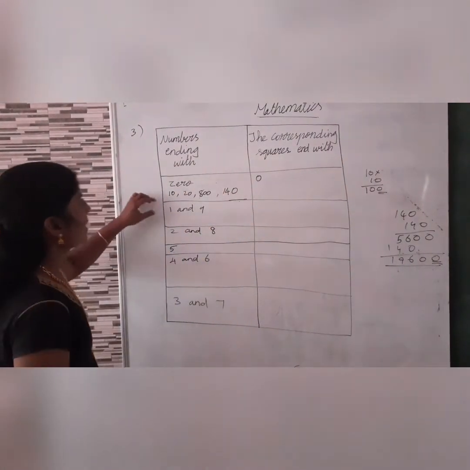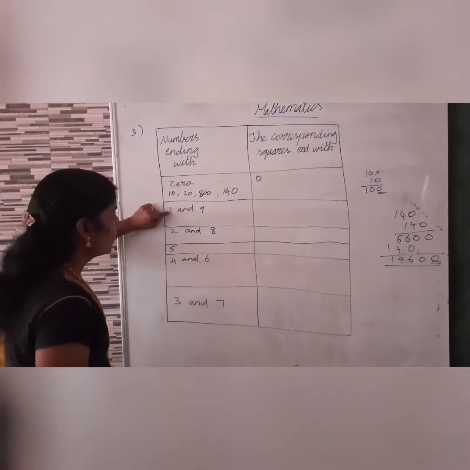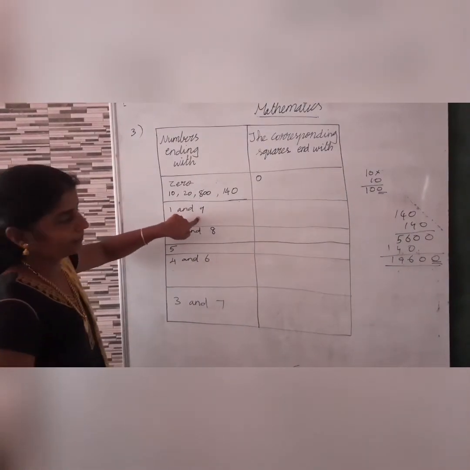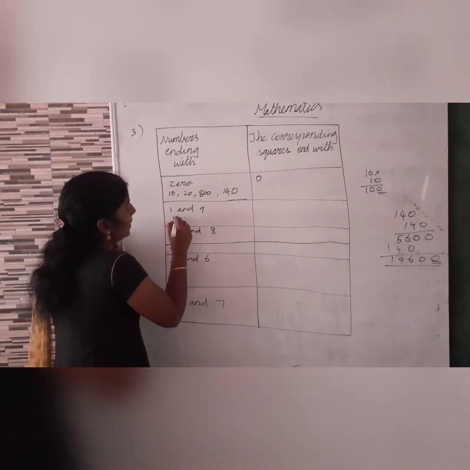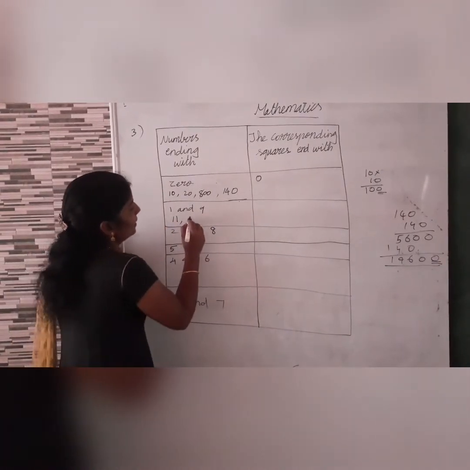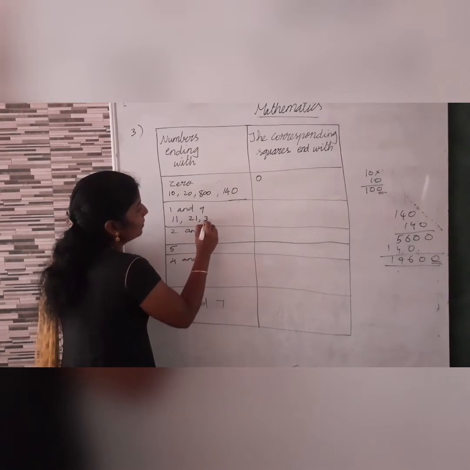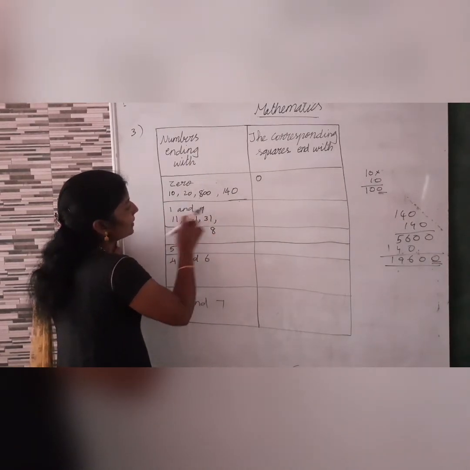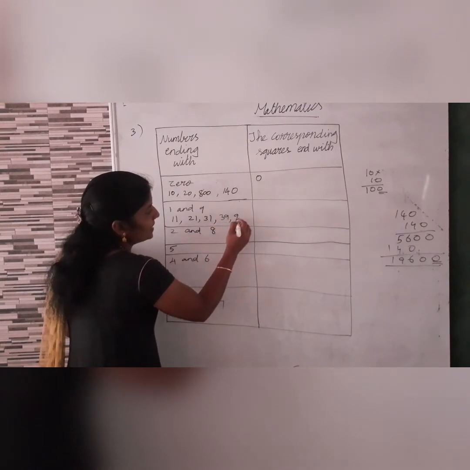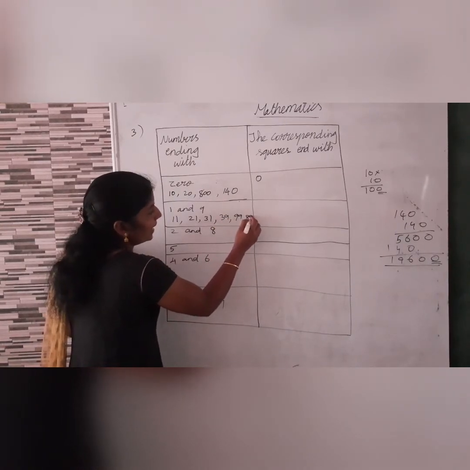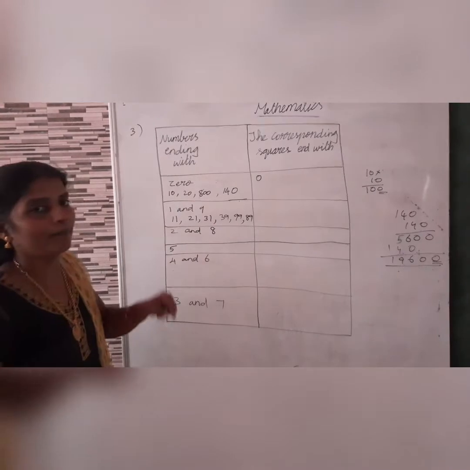Are you clear? Now, numbers ending with 1 and 9. Can you write any number? 11, then 21, 31, okay, now ones digit 9: 39, 99, 89, etc. You can take any number, isn't it?